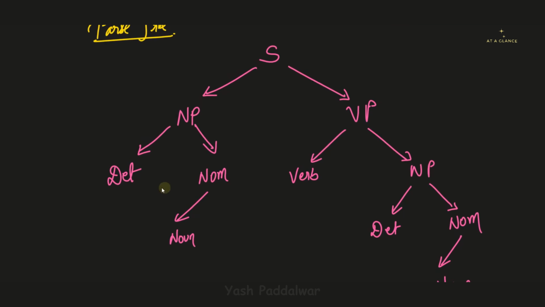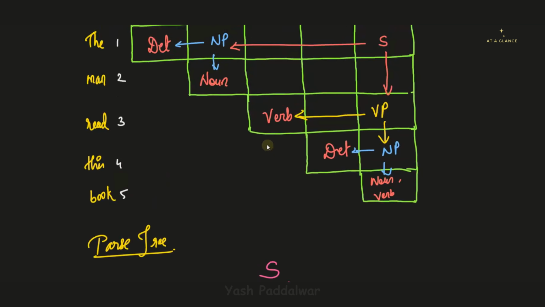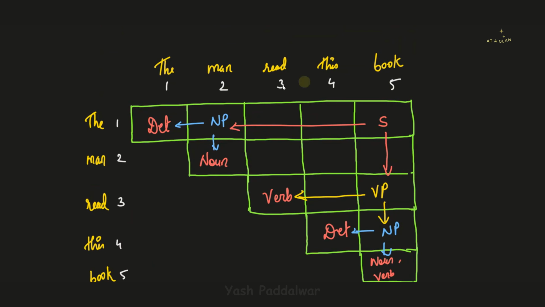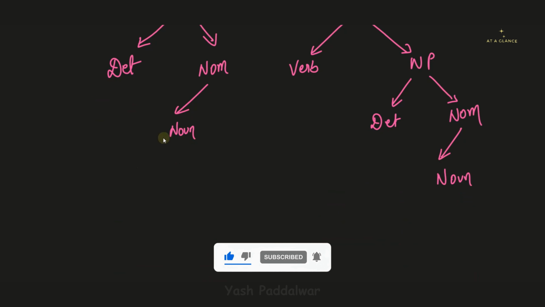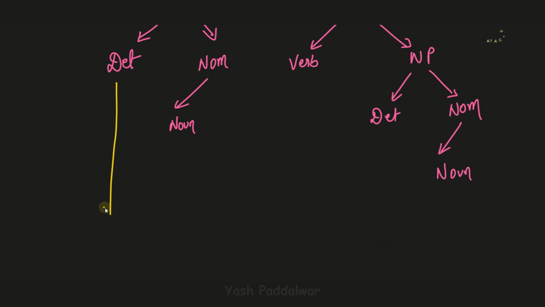Now, once we write this, we now have to come back to the words. Here, the word the corresponds to the determiner. So that is why here we are going to write the. Similarly, next comes noun at the very leaf node.